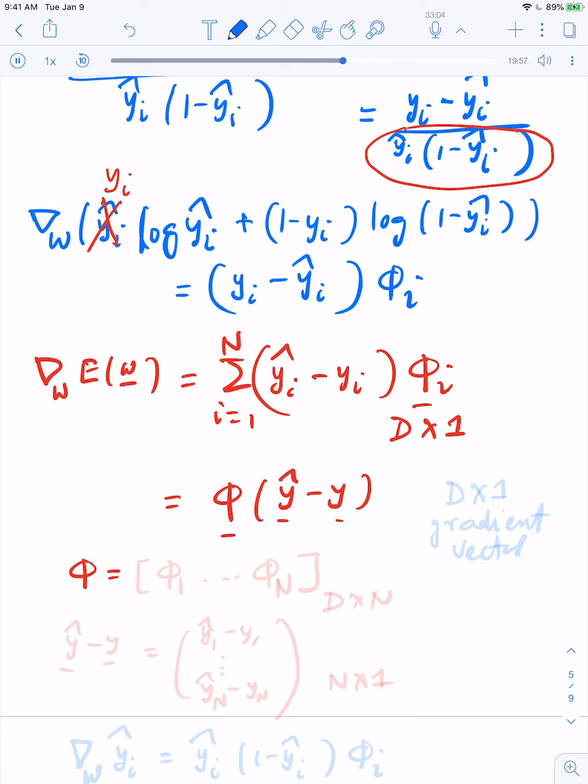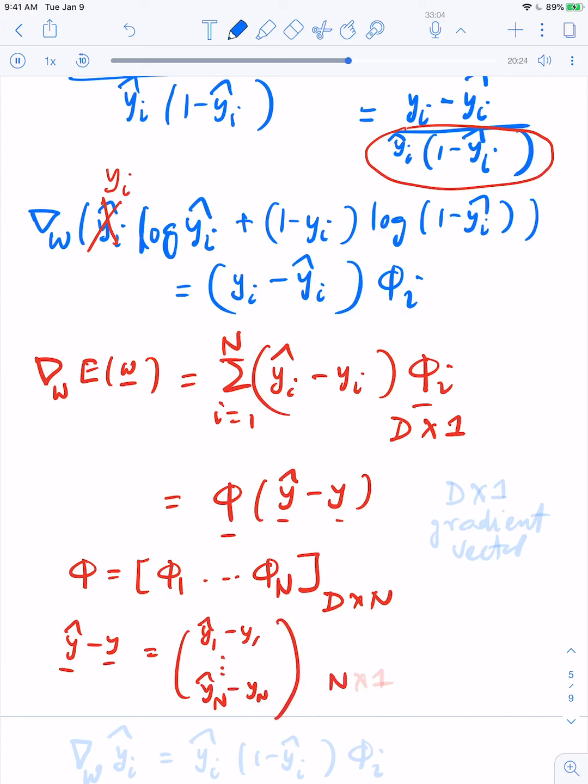Phi has as column vectors phi1 down to phin. So basically it's a d cross n matrix, and y hat minus y is basically y1 hat minus y1 down to yn hat minus yn.